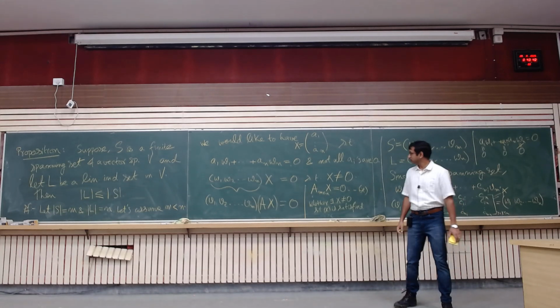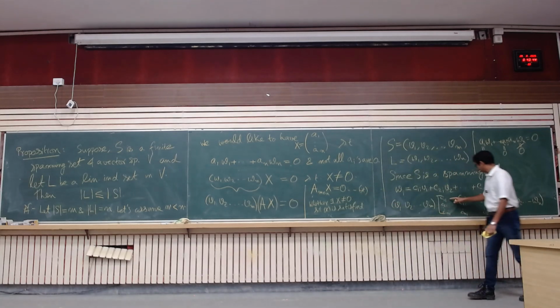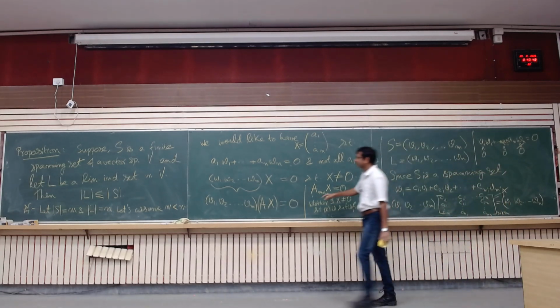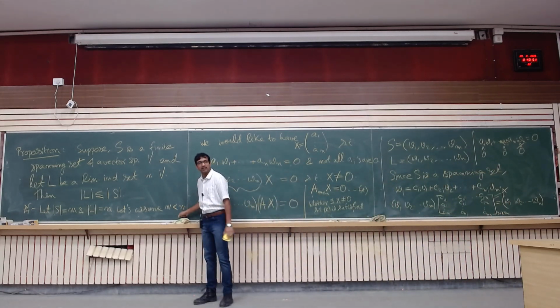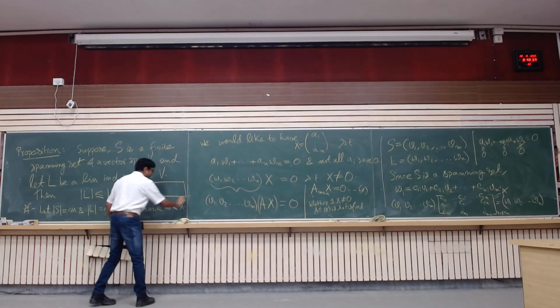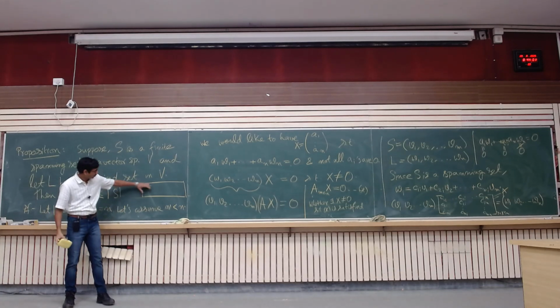The number of rows. Is the number of rows more than the number of columns? It's the opposite, right? It's an m cross n matrix, and we assume that m is less than n. So you have a rectangular matrix where this is smaller than this.